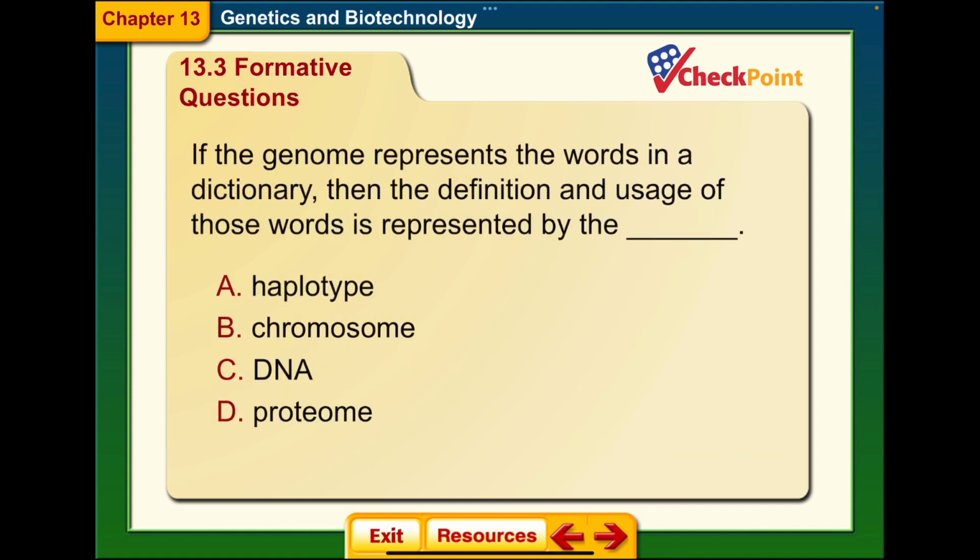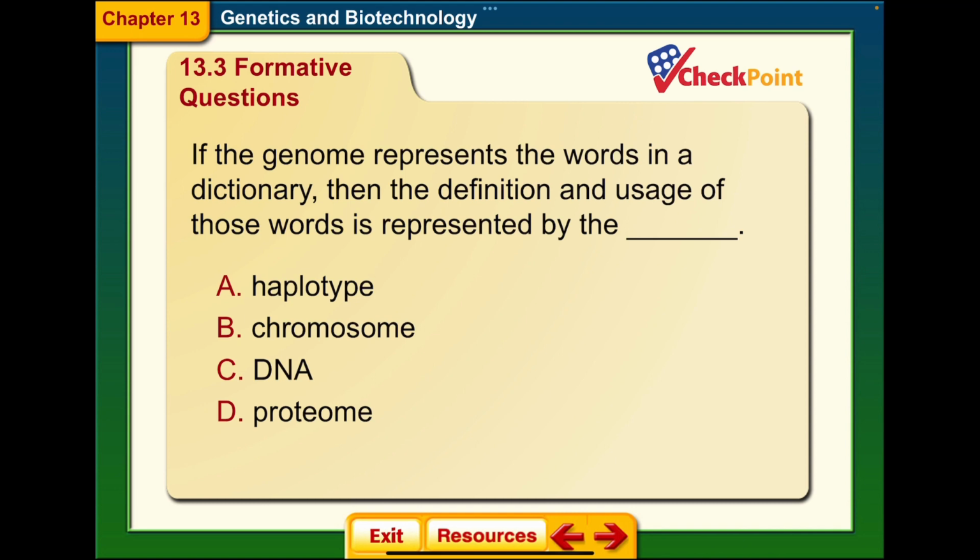Next question. If the genome represents the words in the dictionary, then the definition and uses of these words is represented by the haplotype? No, because the haplotype is the combination or the variations of DNA, the linked variations in the human genome. Chromosomes have our DNA coiled around proteins.